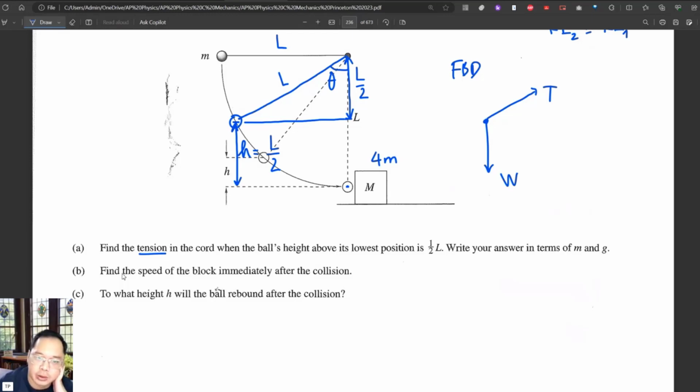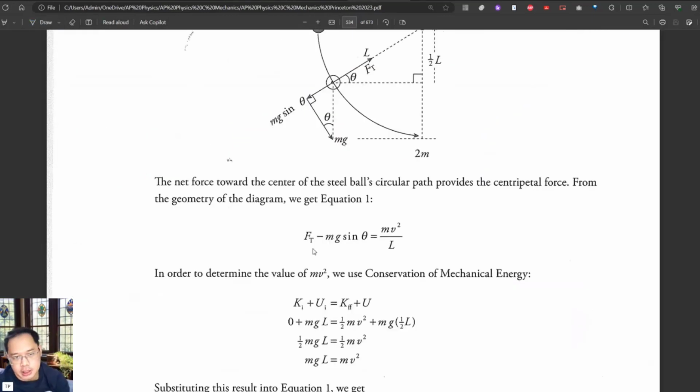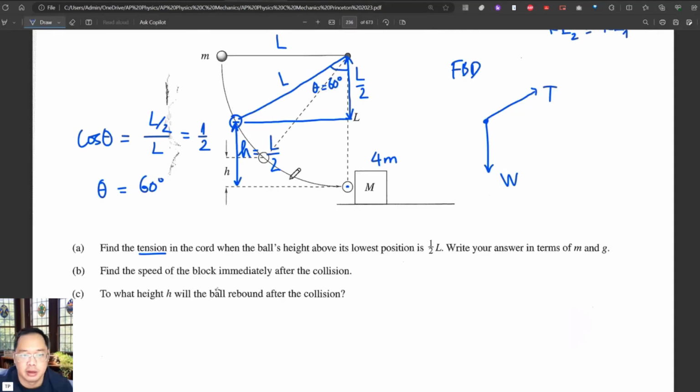Cosine theta is the adjacent, L over 2, over the hypotenuse L, which is 1/2. Cosine theta is 1/2, and therefore theta is 60 degrees. Okay, got it now. I forgot that kind of solution.